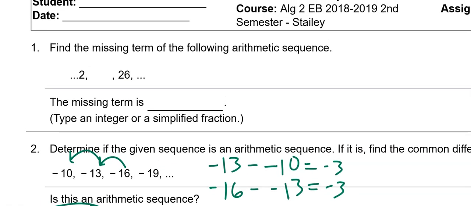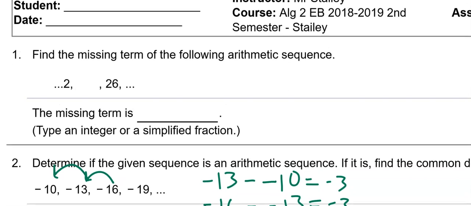I'm going to show you two different ways to do question 1. What if you're told that it's an arithmetic sequence, but there's a missing number in between? I'll show you two different ways, and then you make the decision on which way you want to do it. How many times am I adding this D to get from the first term to the third term?